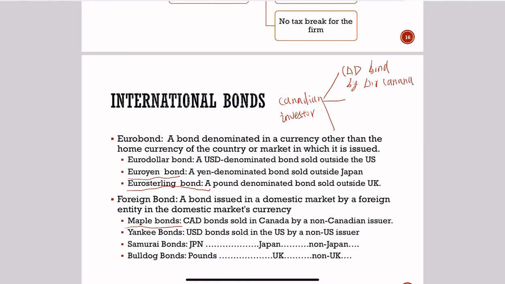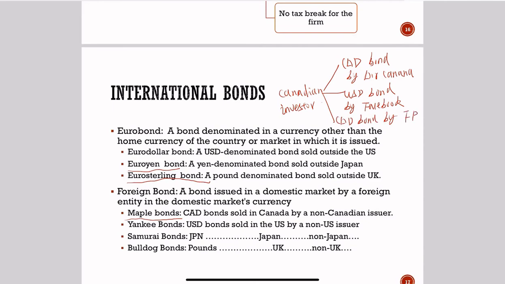And then the second one is a USD bond by, let's say, Facebook. And then the third kind of bond is the Canadian bond by Facebook.